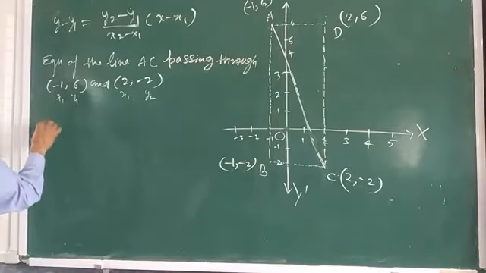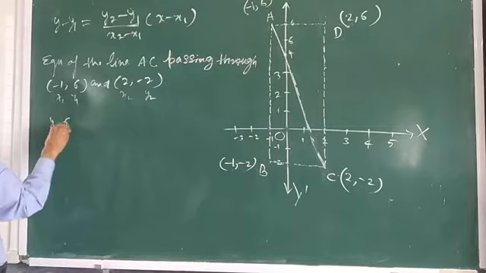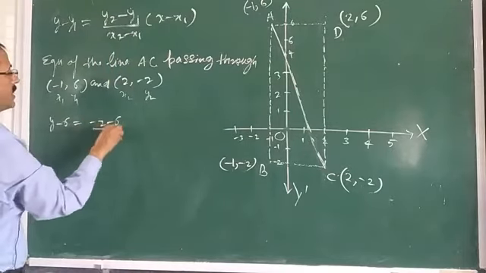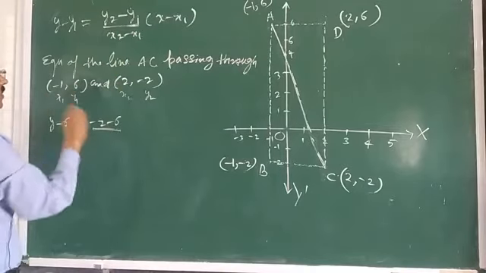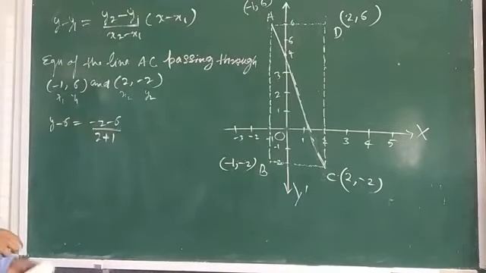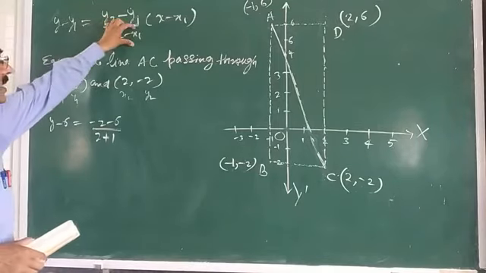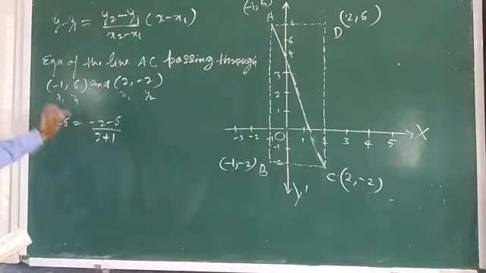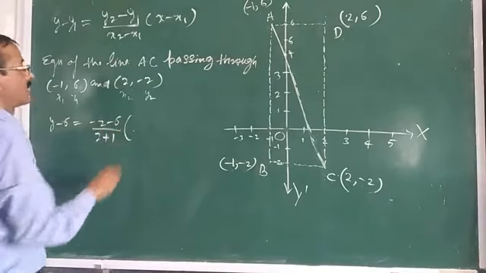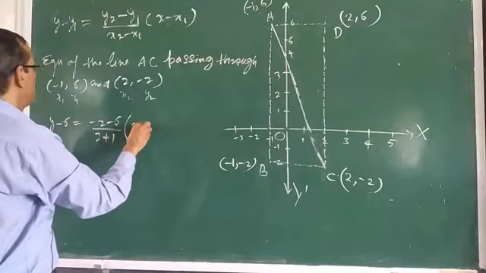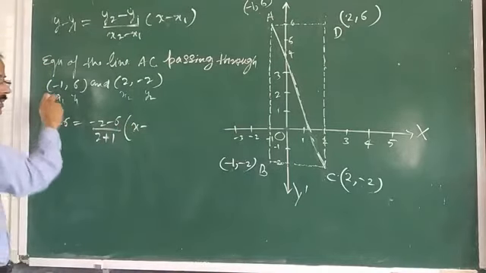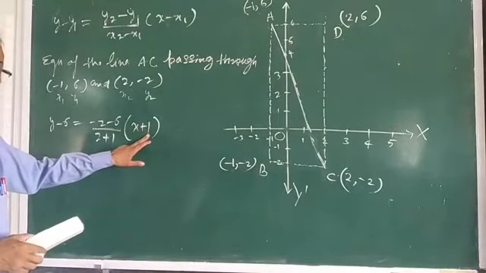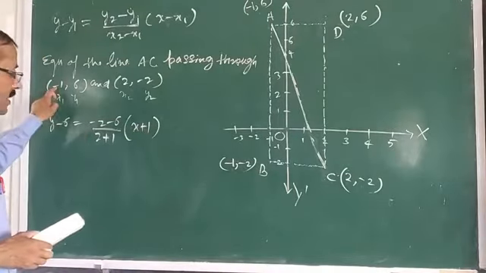Put in: y minus y1, 6, is equal to y2 minus y1, -2 minus 6, upon x2 minus x1, 2 plus 1. x2 कितना है? 2 और minus 1 है. So that became the plus. Next, x minus x1, again minus and minus x1 here, that became the plus.